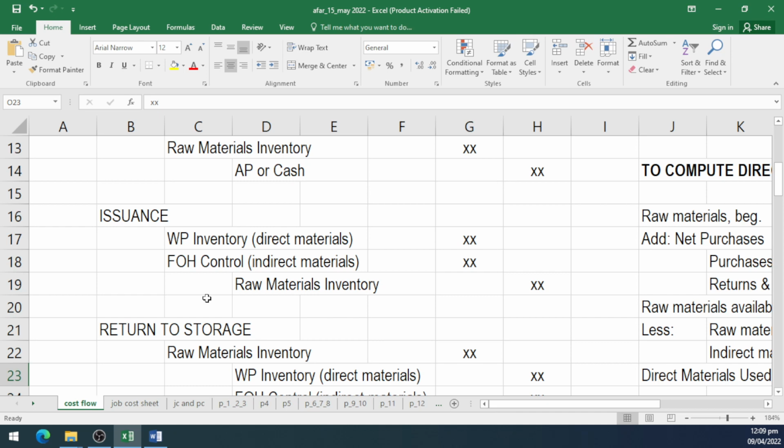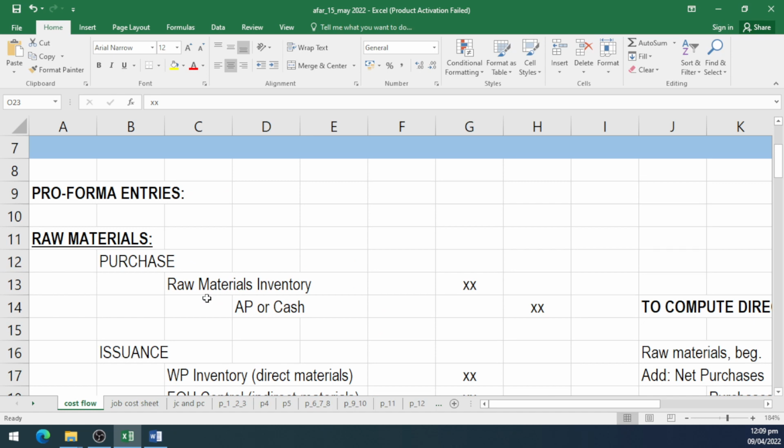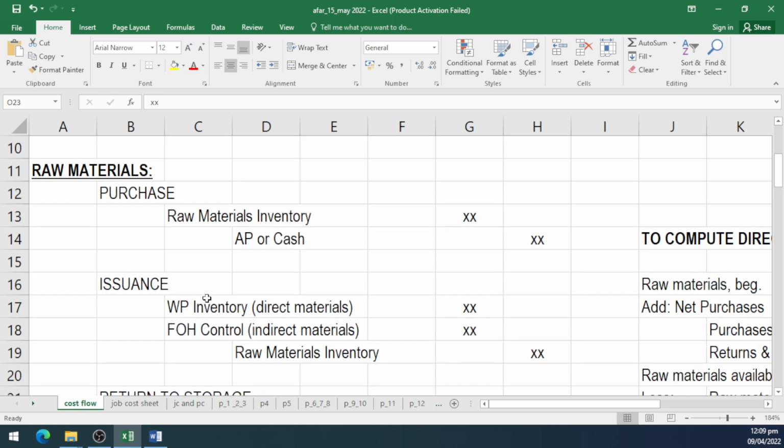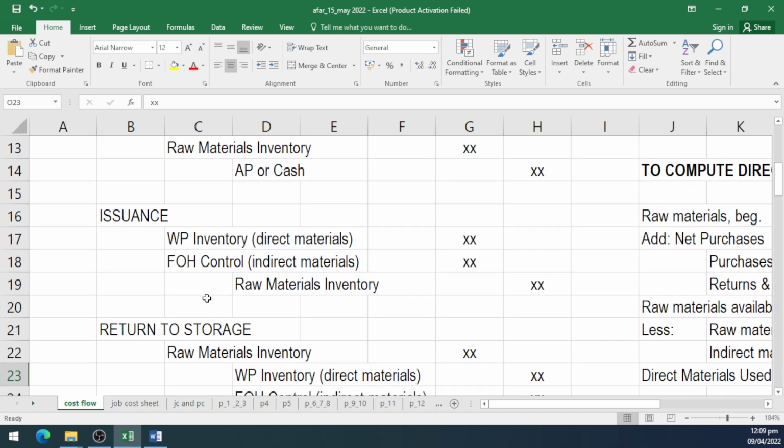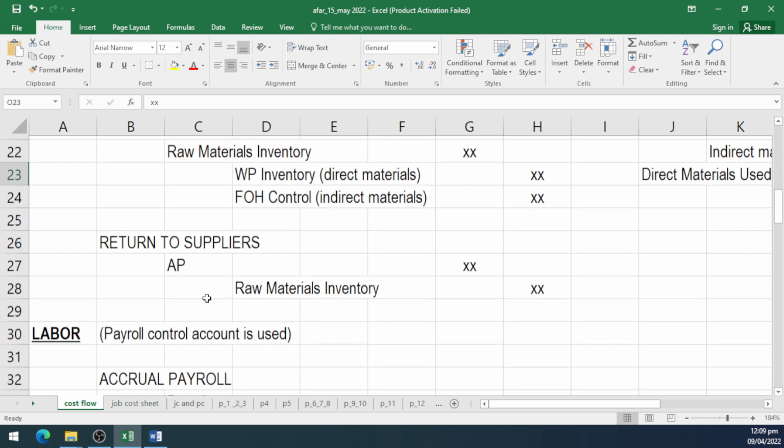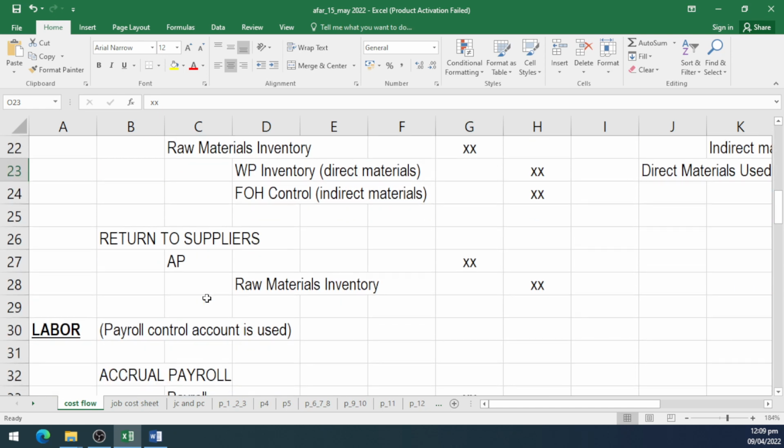And the entries to record purchase, to record issuance, to record return to storage, and to record the return to suppliers.